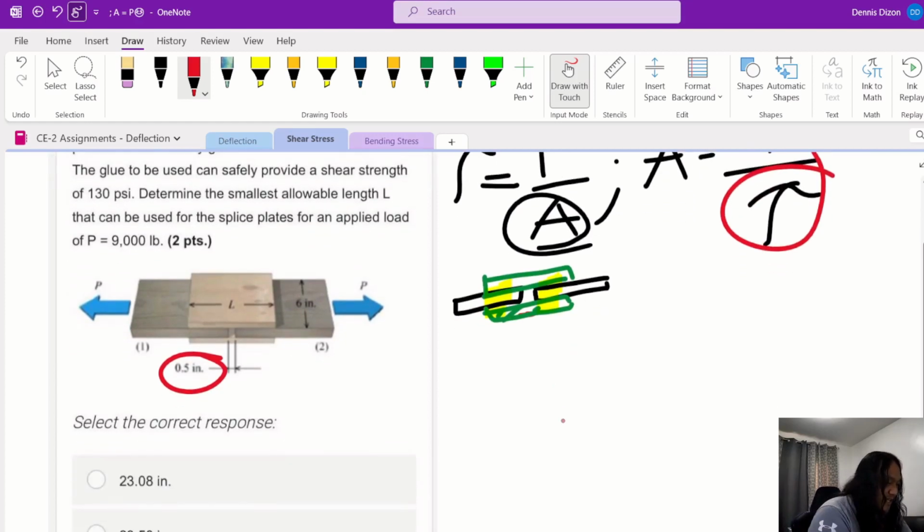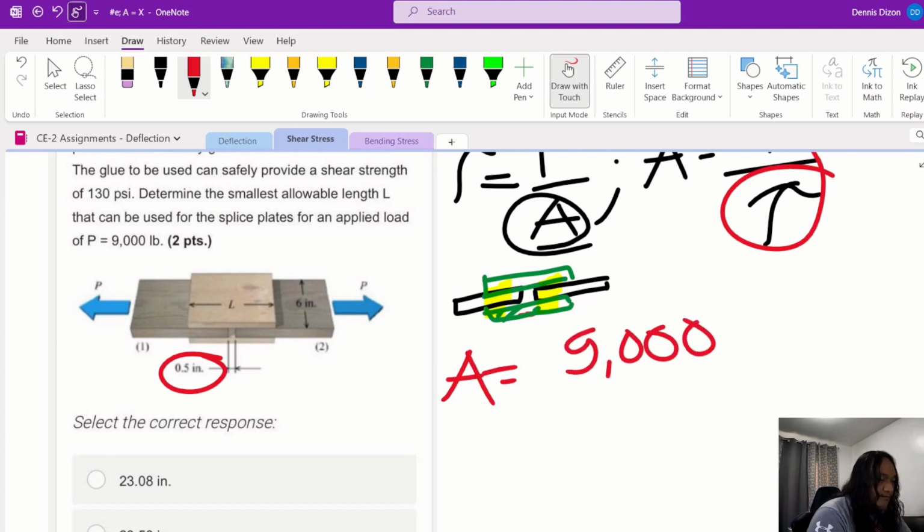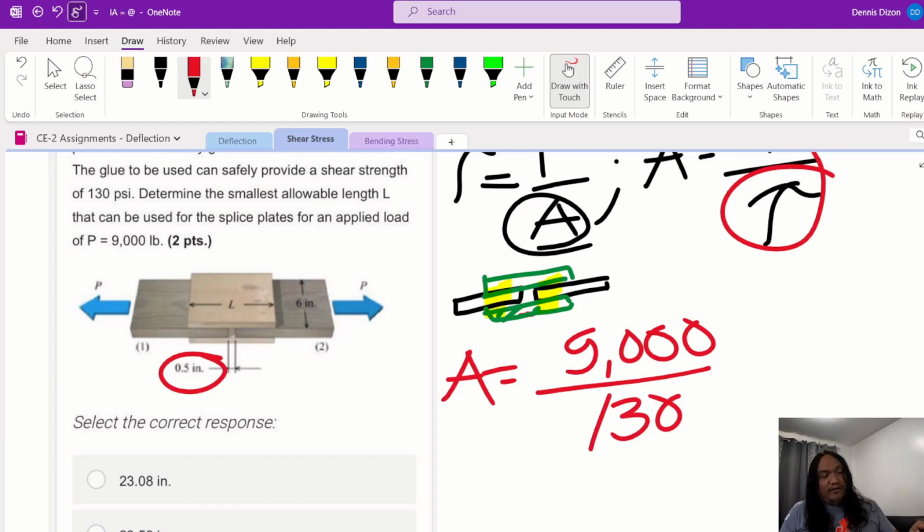So therefore our area required is equal to P, which is 9,000 over 130. Now, you have to remember that the way this is drawn, you have two opposing forces P away from each other.